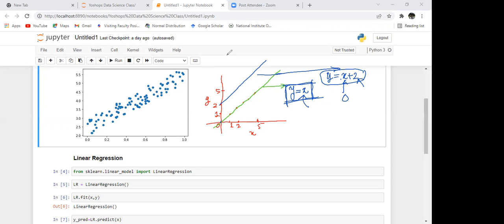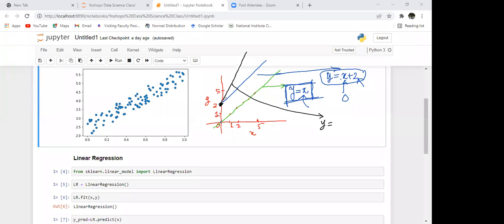Suppose you have a third data set, and the linear relationship follows this straight line. What do you think will be the equation for this line? It's passing through 2, but now it is not parallel to this. How will you represent this straight line? mx plus 2. Yes.